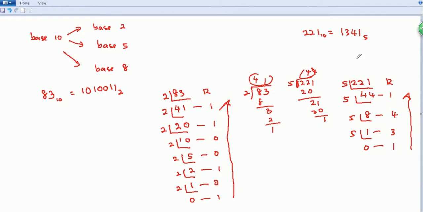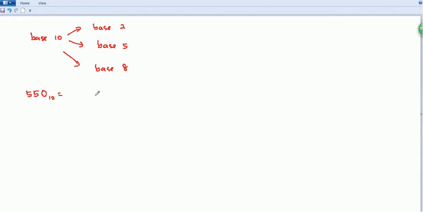Okay, then we go to the last one. We have a number 550 base 10. We want to change it to base 8. So because we want to change it to base 8, we have to divide it by 8. Remainder here.